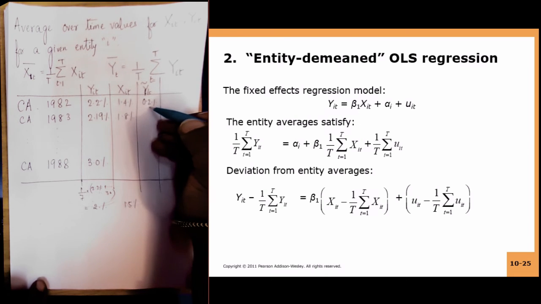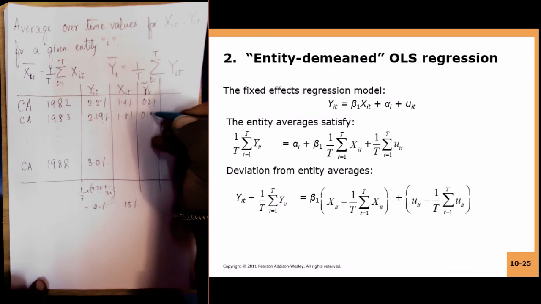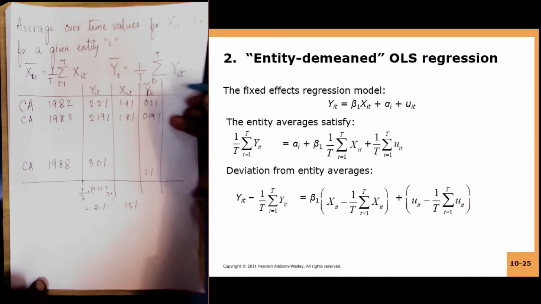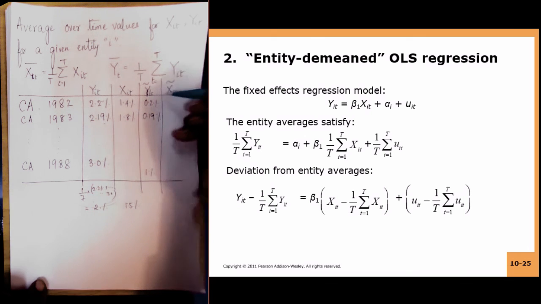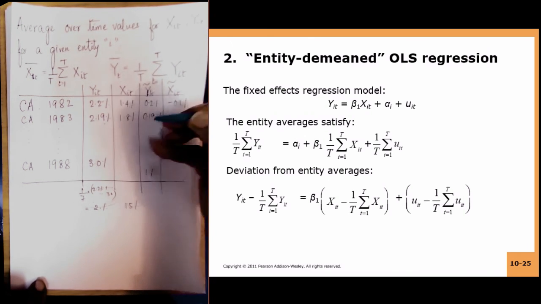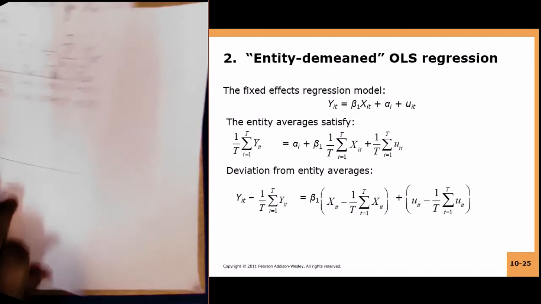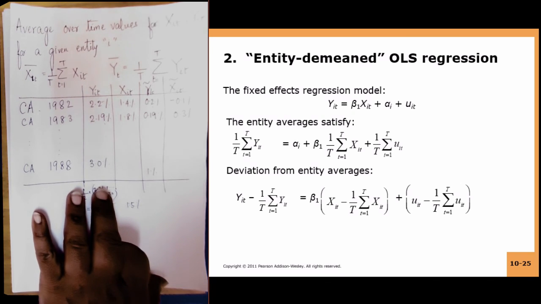So the entity demeaned values are 2.19%, this is 0.19%, this is 1%. This is the entity demeaned y variable and this is the entity demeaned x variable. This is minus 0.1%, this is 0.3% and so on. So these are the entity demeaned values.